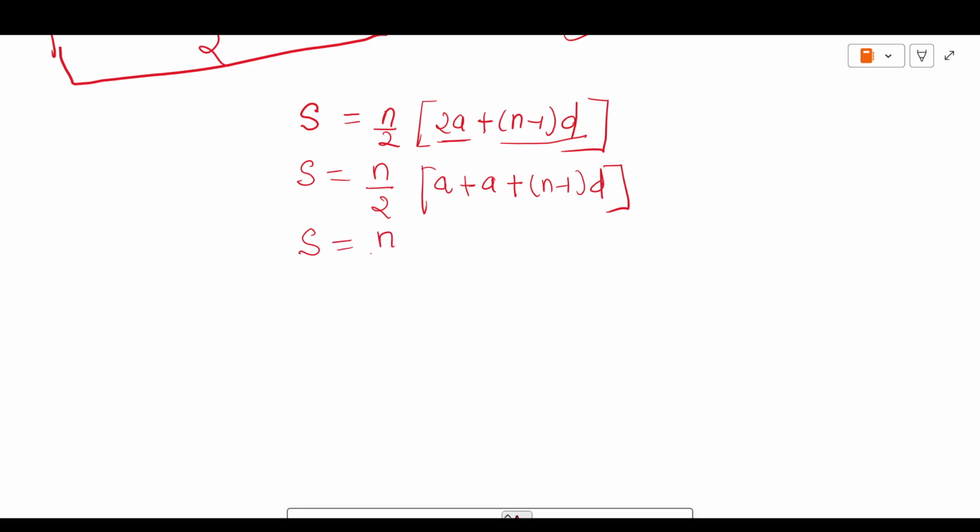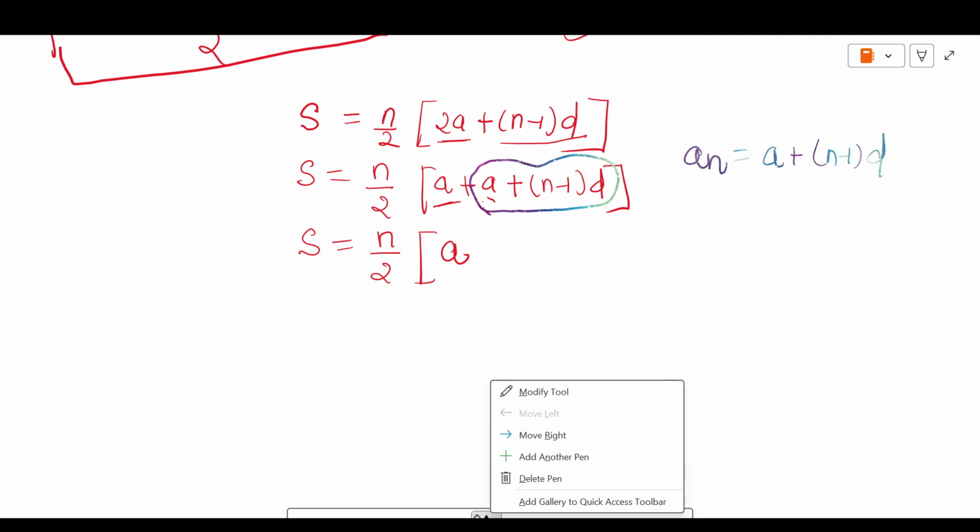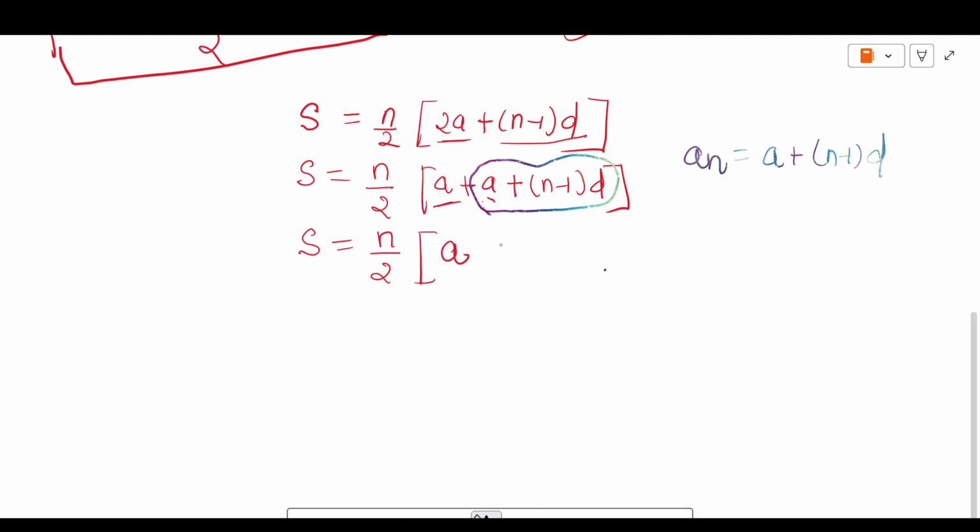S is equal to n by 2 into (a plus ...). And what is this term? This is a_n, that is the last term, the formula a plus (n minus 1) into d. So can we write it like a plus a_n?